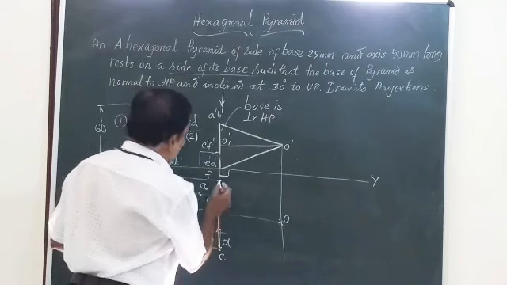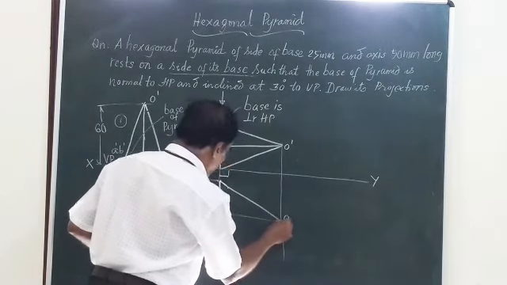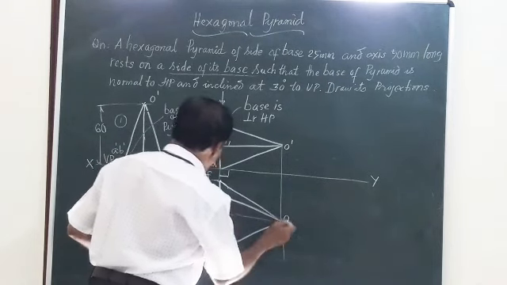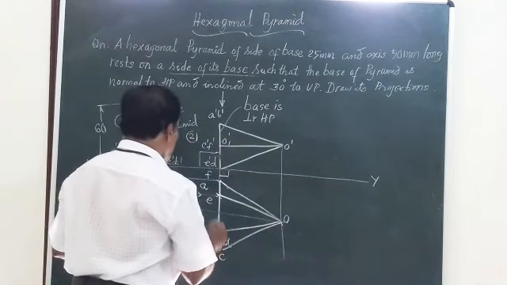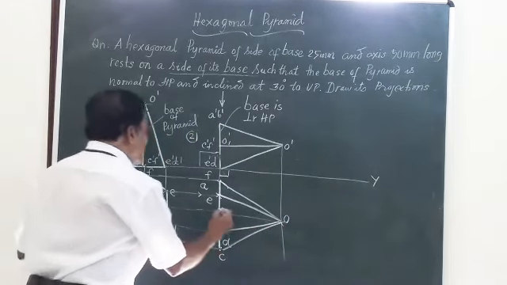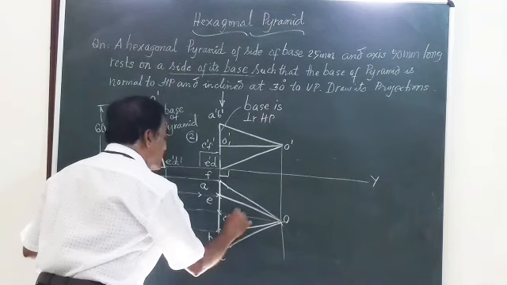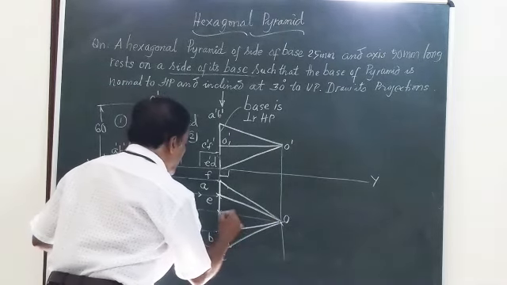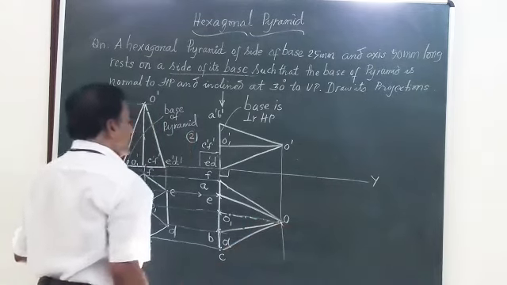So as per the rule, you join O to F, the border line O to F, O to C, O to B, O to A, O to D. You get a figure like this. So you got A, B, C, D. This is the point, center of the base, that is O1. This is O. This is the axis of the solid. I can show by dash dot, dash dot, dash dot, etc.